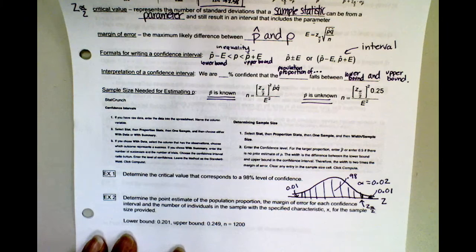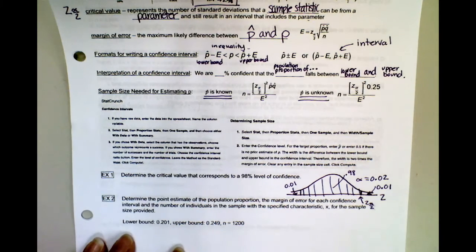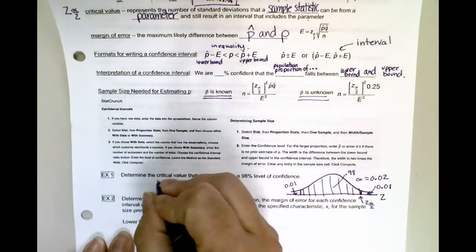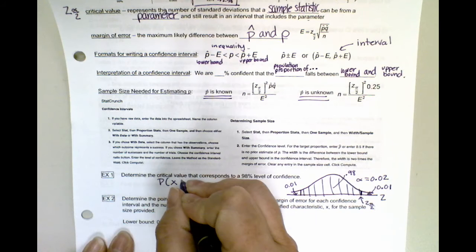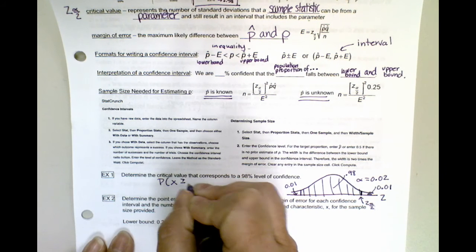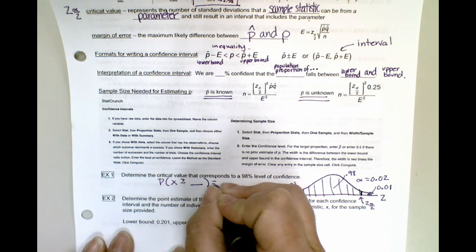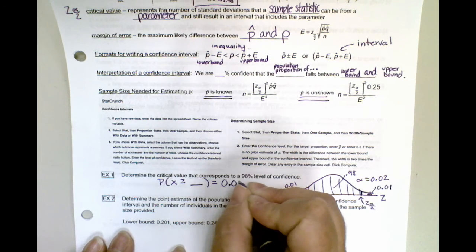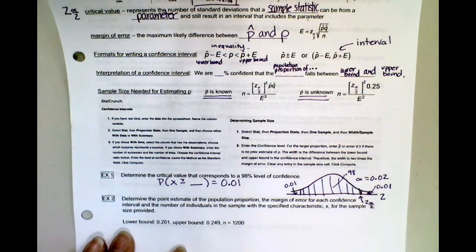We do this in StatCrunch using our normal calculator. Since it's a z-score, what are my mean and standard deviation? 0 and 1.